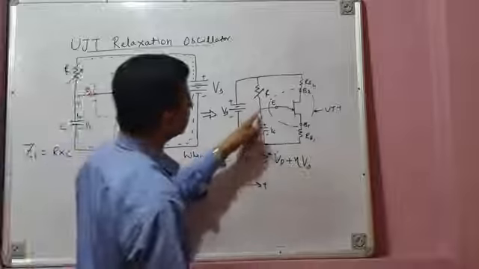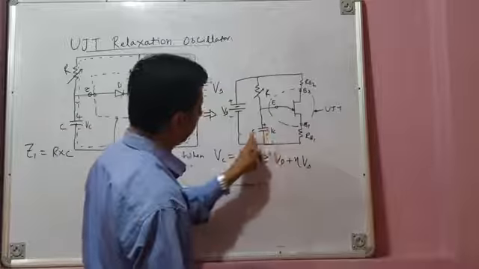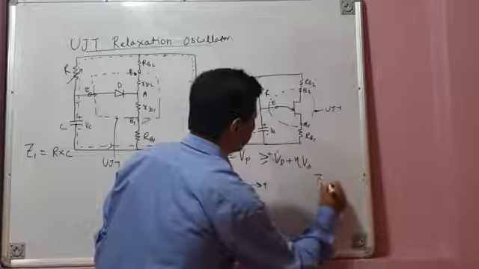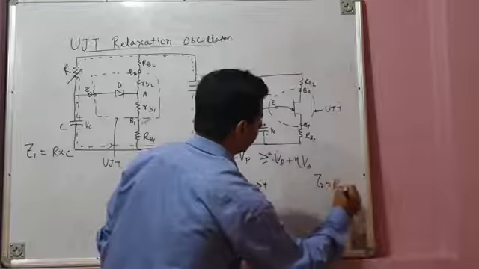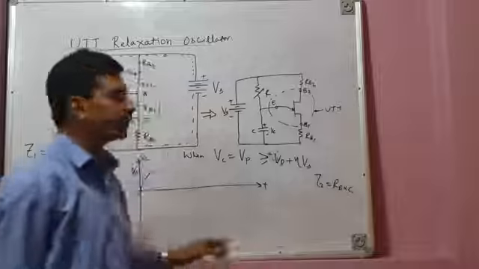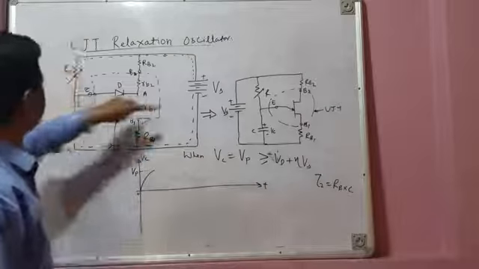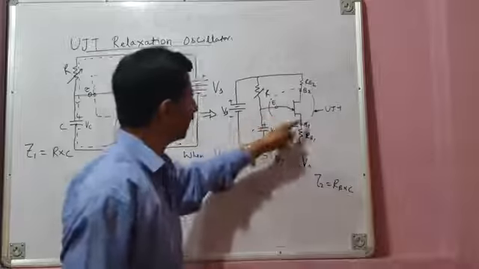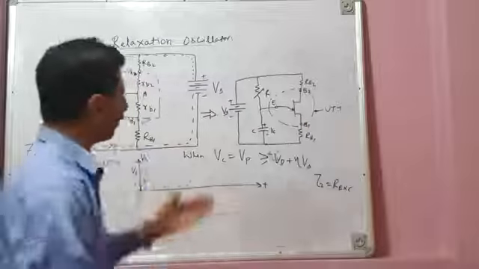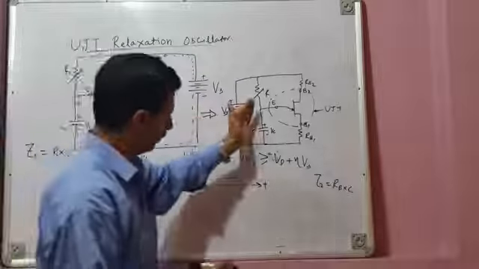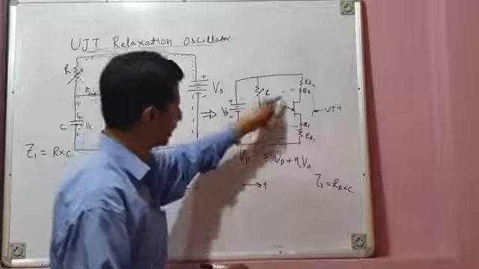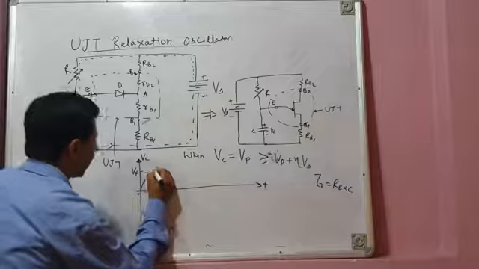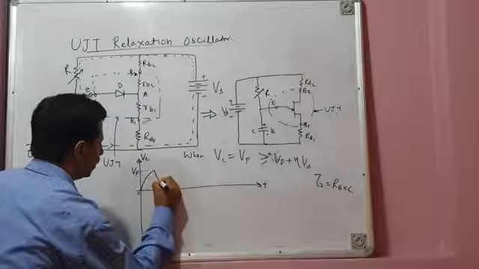The rate at which this voltage across capacitor decreases depends upon RB1 into C. Tau 2 is equal to RB1 into C. R into C will determine the rate of charging of capacitor, and RB1 into C will determine the rate of discharge of capacitor. So when UJT goes into conduction, capacitor discharges through this external resistance RB1. I can show it discharges.